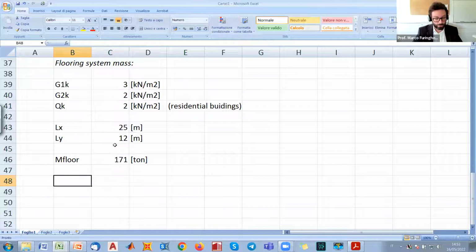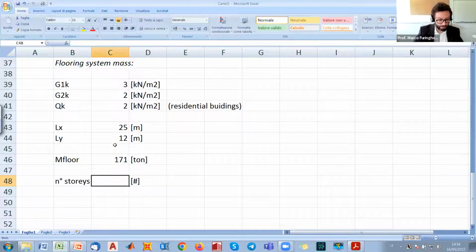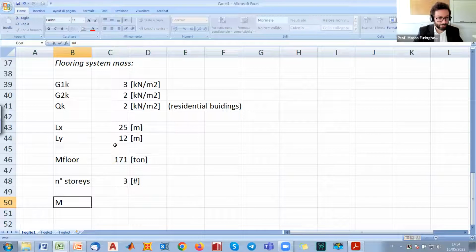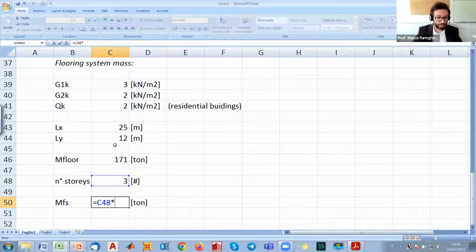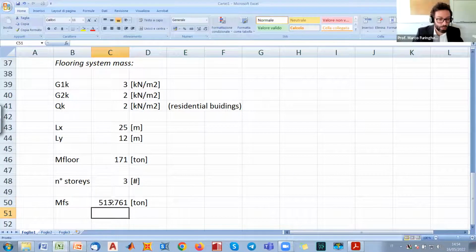We need to compute the total. We have the number of stories, which is 3. And we have the total mass of the flooring system in tons, which is 3 times the mass of the single floor. And this is it.